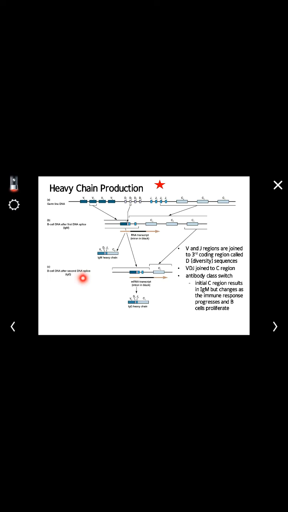Then the B cell DNA undergoes a second DNA splice. It goes back in, takes this, splices it, and adds in something else, and then adds in something else.